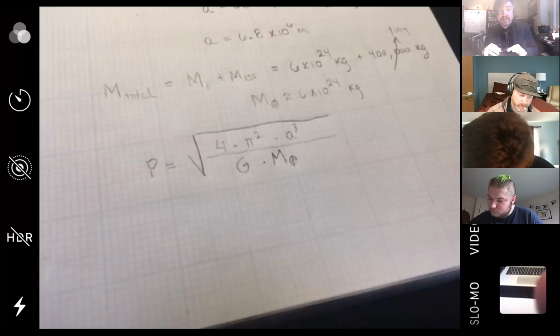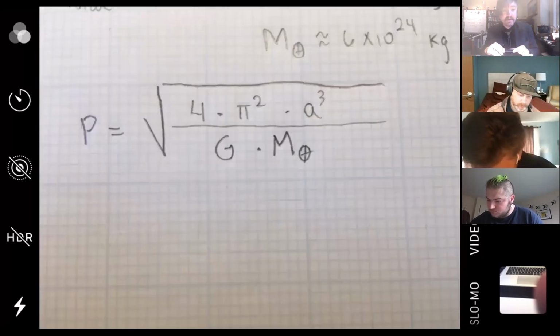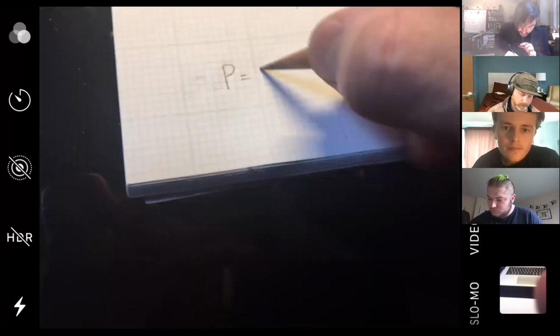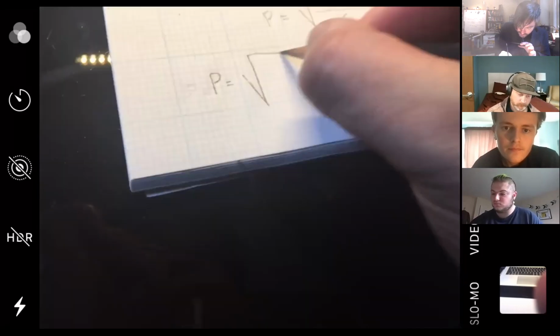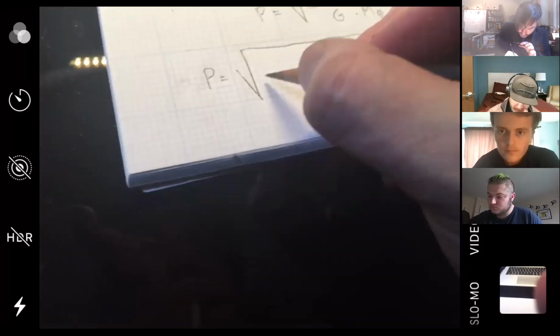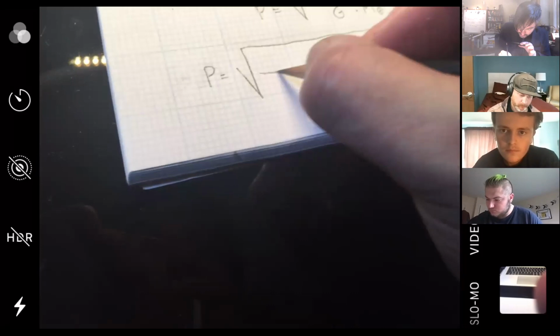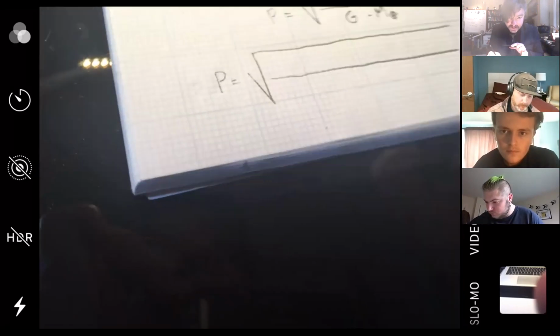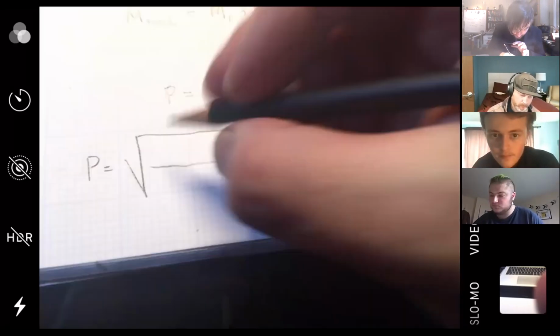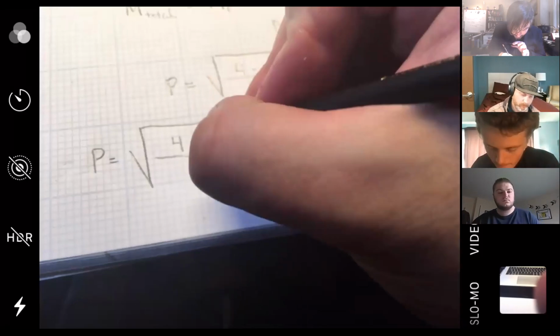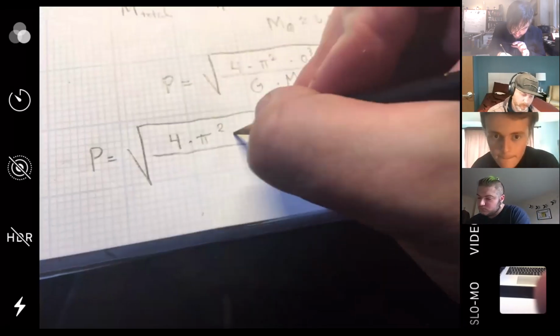And now I'll write it out once again, this time substituting in my values. Make a nice big, neat square root. Nice neat division bar. 4 times pi squared. I'm going to put parentheses here.